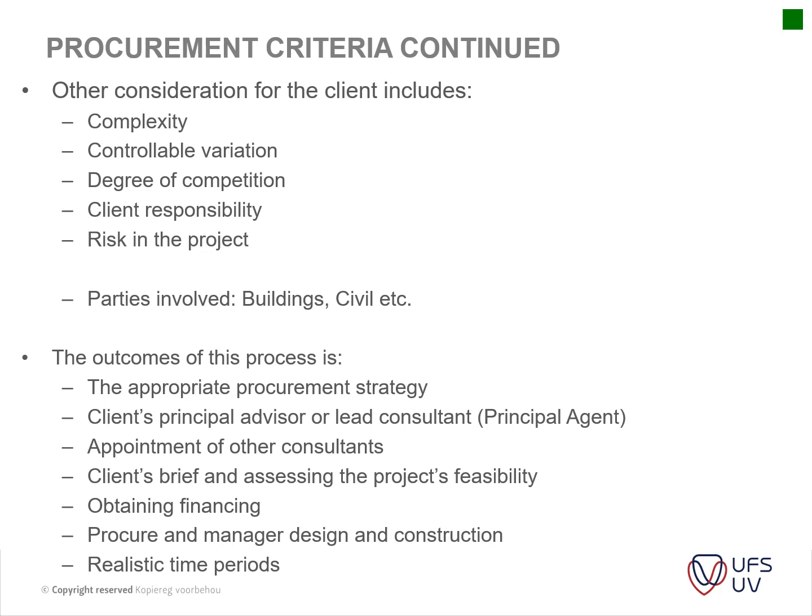Okay, so the procurement criteria that we've got, it really depends on the complexity of the project. Is it a very complex project? If it's a standard house building that you're building, you can either opt to just appoint a draftsman or architect and do the drawings and then supply the drawings to your contractor, who then will do all the measurements and the planning and the costing for it.